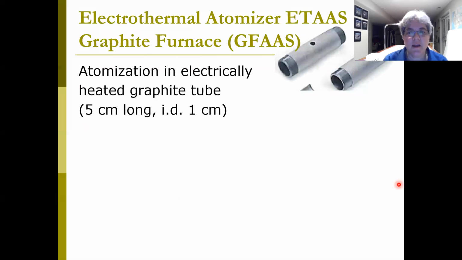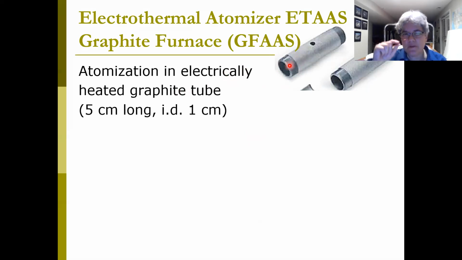So this one has two names. It's called electrothermal. So electro means we're using electricity to heat it, or graphite furnace. Okay, and you can see it's abbreviated. Often graphite furnace is probably more common. So GFAAS. So here what you have is a little tiny carbon tube, graphite tube made of carbon.